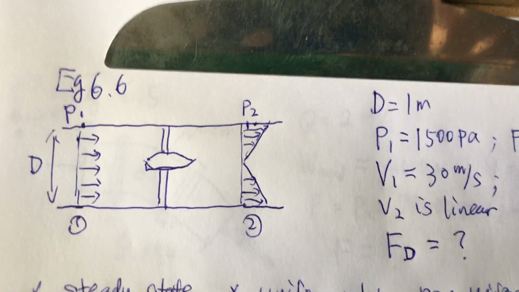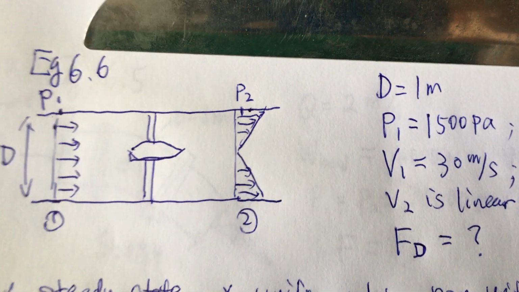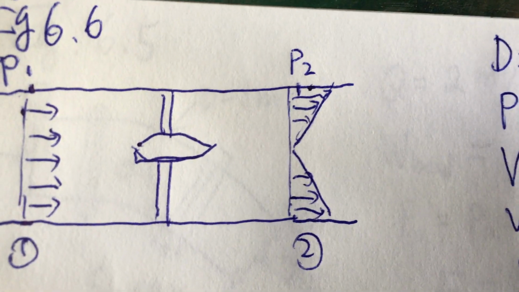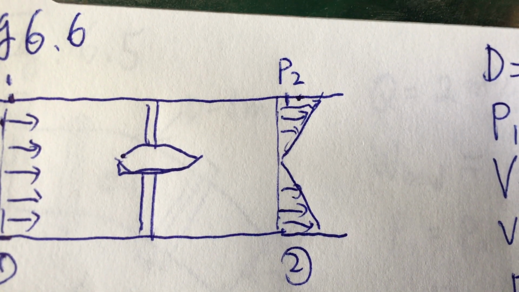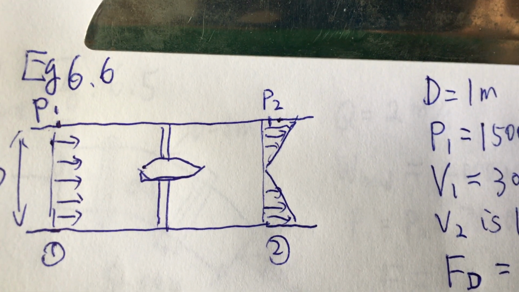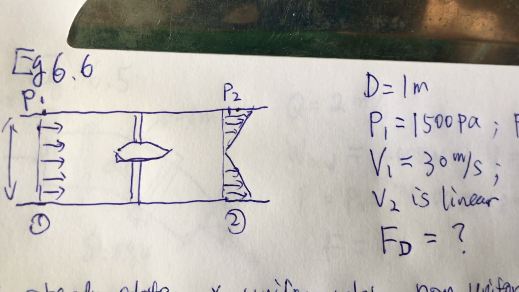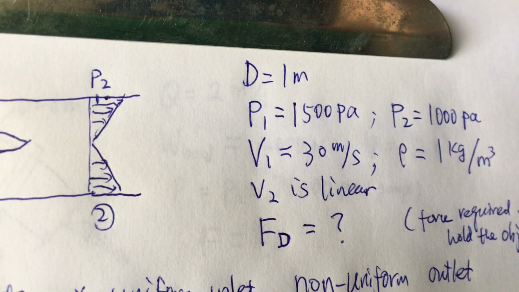At the outlet cross section, it's linear. From the drawing here, it's obviously linear, right? In the center of the tube it's 0, and at the wall it has the maximum velocity. So I guess these are the known information.